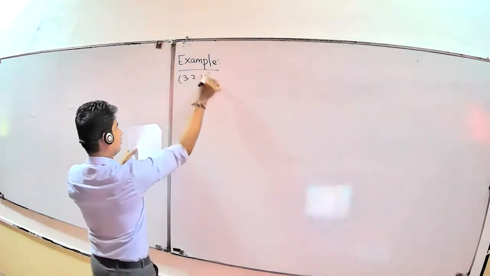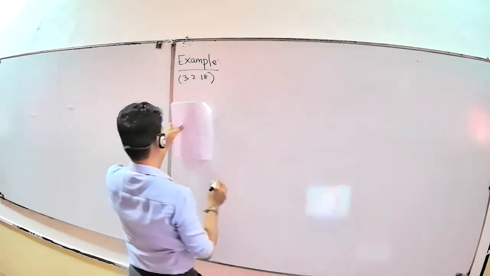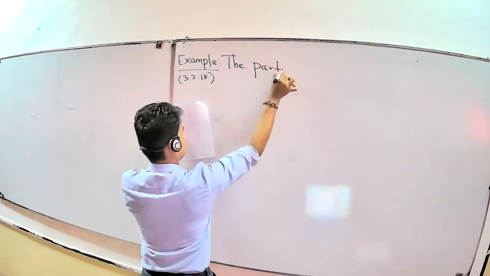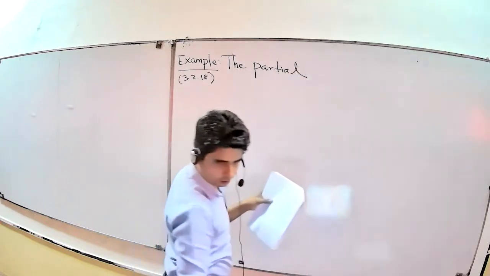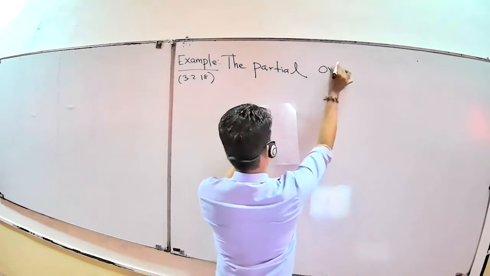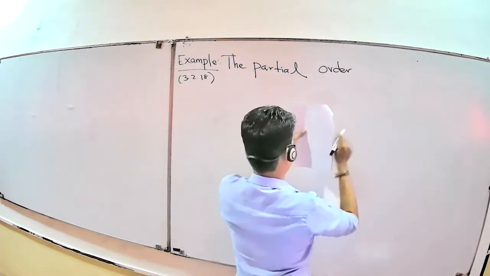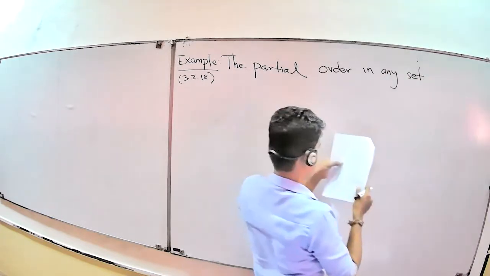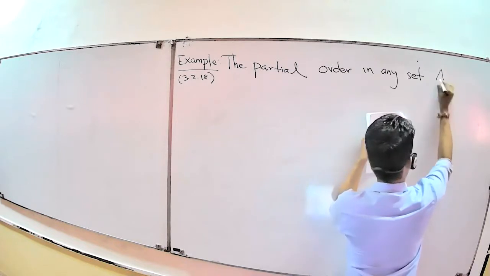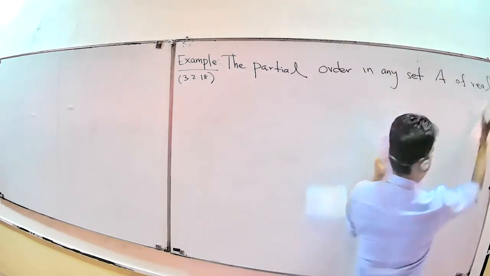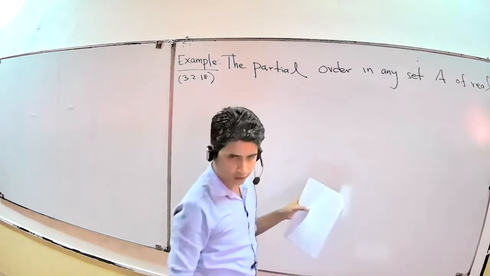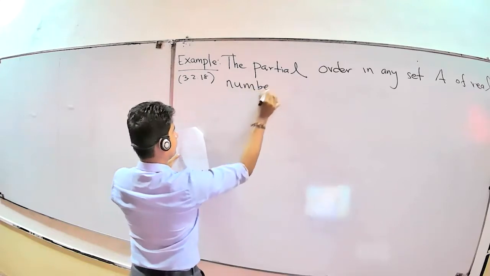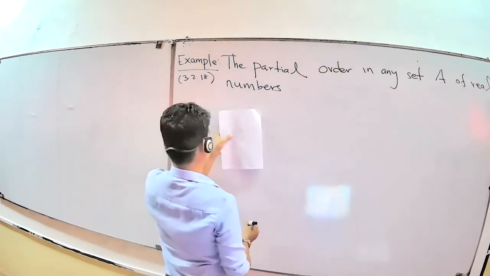Example 3.2.18. The partial order in any set A of real numbers, with the natural order.